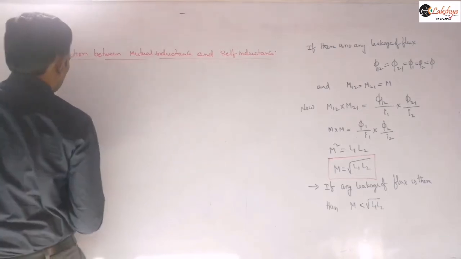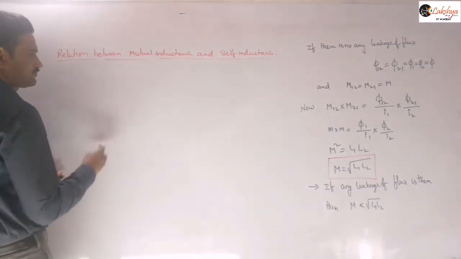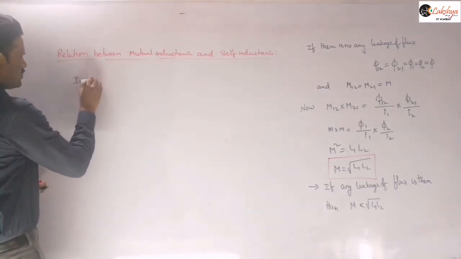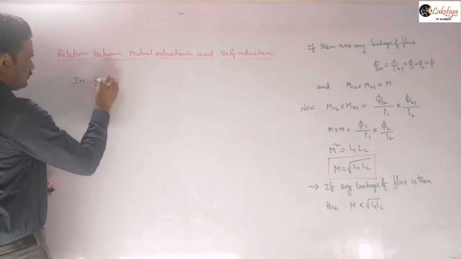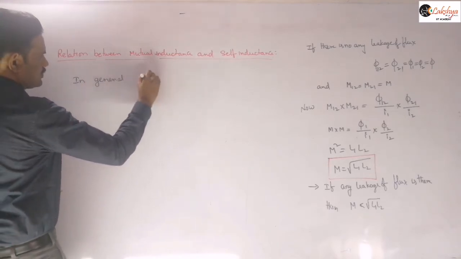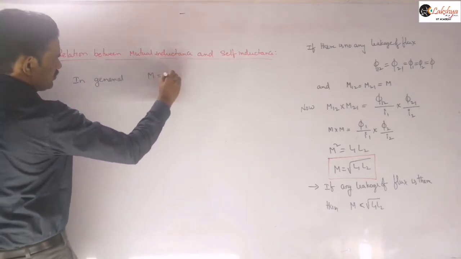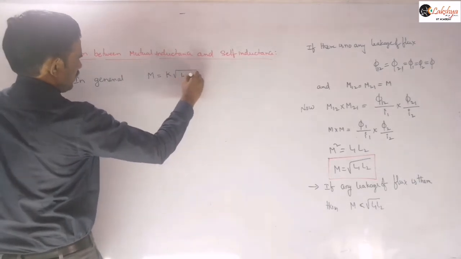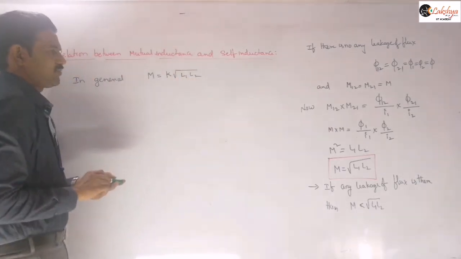So in general, the mutual inductance M is equal to K into under root of L1 L2. So this is our general formula here.